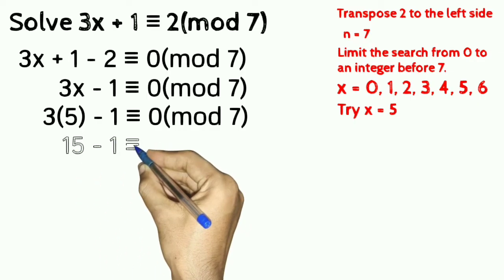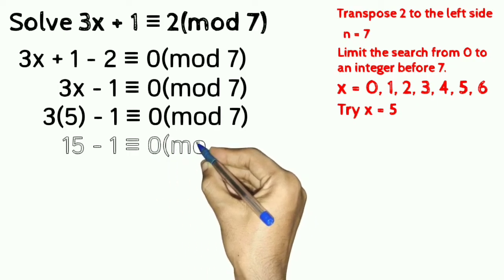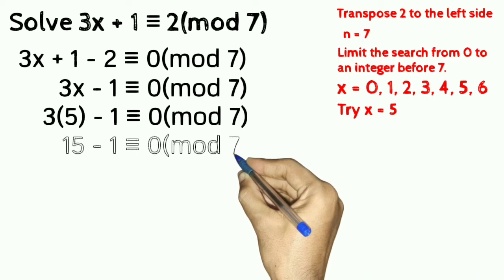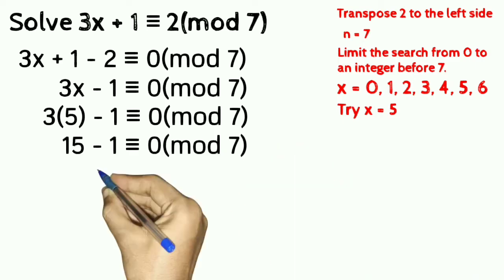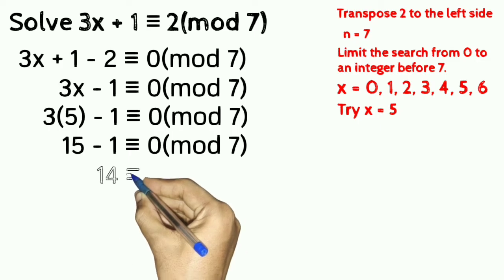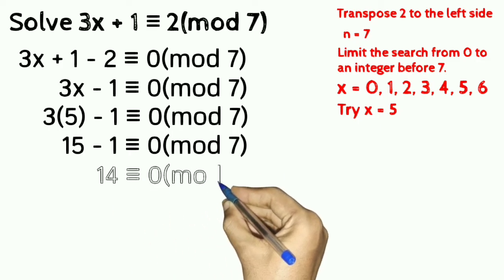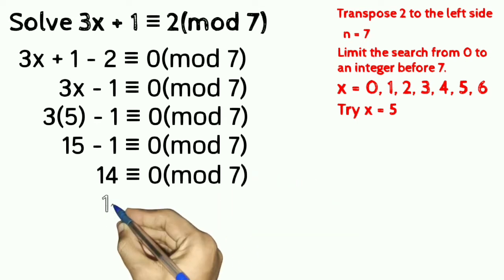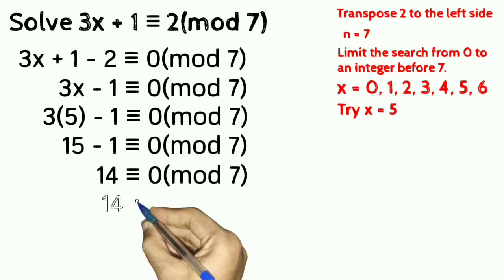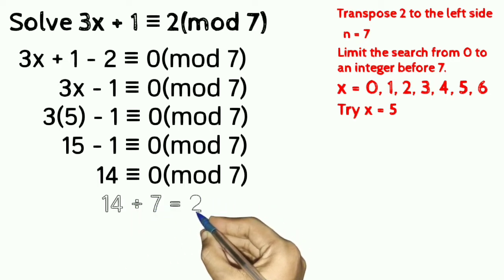So that will become 15 minus 1 and 0 are congruent modulo 7. 15 minus 1 is equal to 14. So it will become 14 and 0 are congruent modulo 7. 14 minus 0 is equal to 14. Divide it by 7, that will become 2.